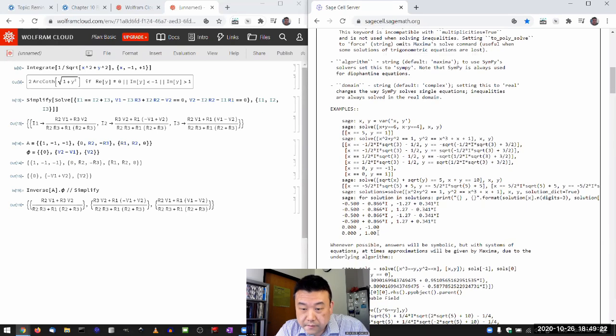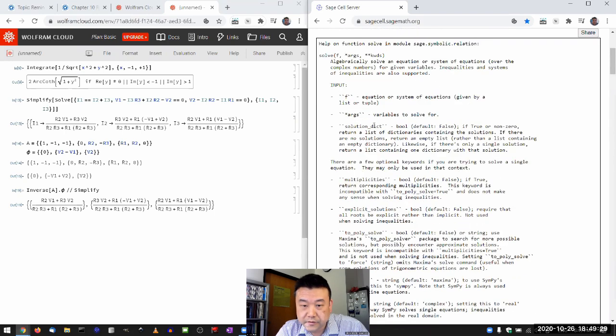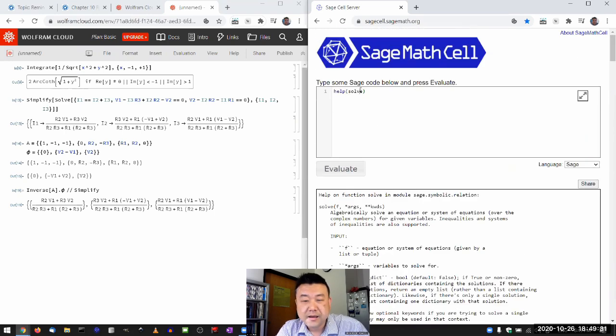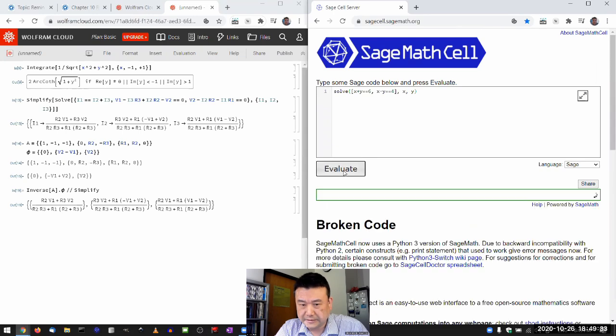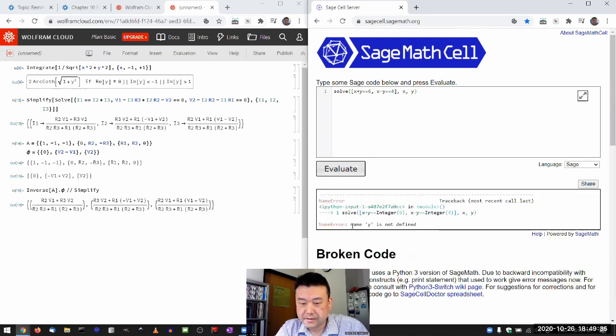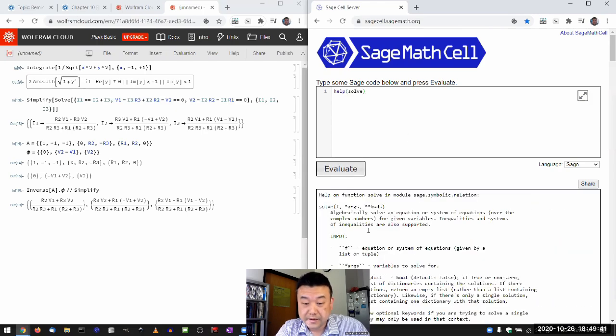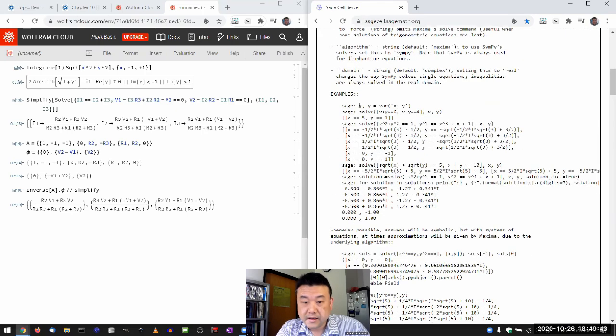Now, one difficulty you will run into is, let me try copying and pasting this line to see if SageMath handles that. My suspicion is it doesn't. Yeah, it complains about this. This is why the help documentation for solve had this weird line that declares what the variables are.